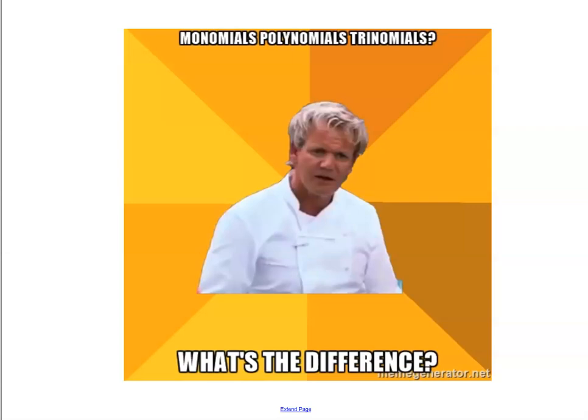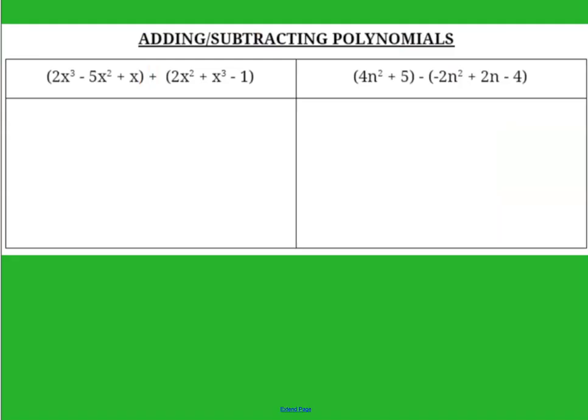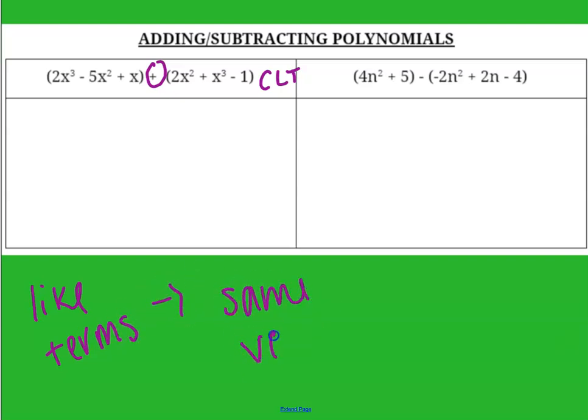Hopefully you know the difference now. So let's talk operations, adding and subtracting polynomials. With adding, we just have to combine our like terms. So this is really just CLT. So like terms are terms with the same variable and it has to have the same power.